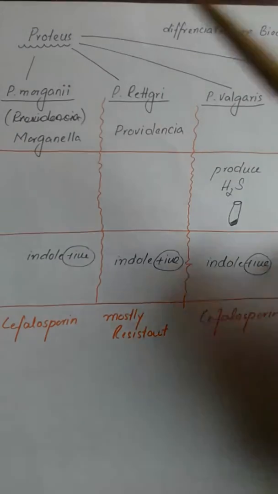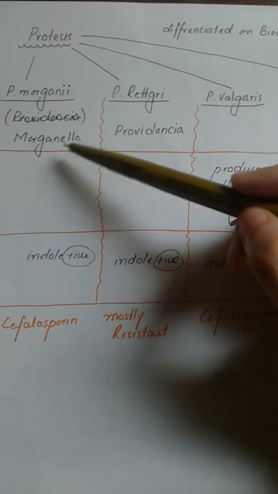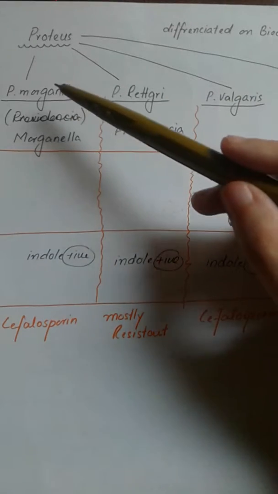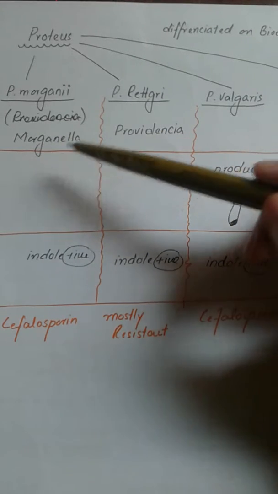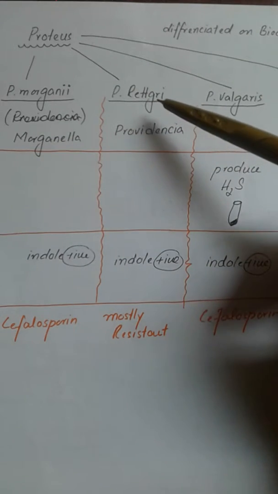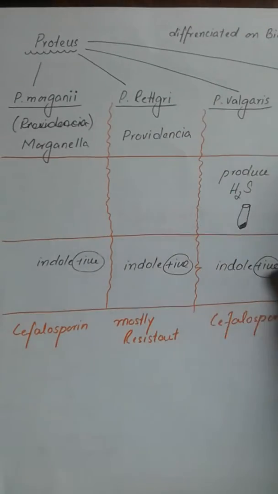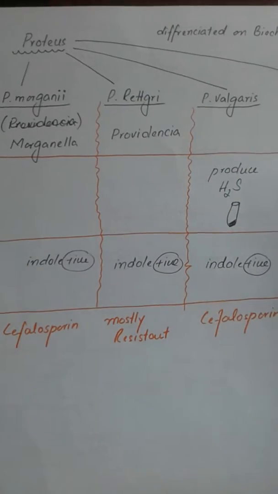Now, as I've mentioned, Proteus previously contained the genera Morganella and Providencia. Their initial names were P. morganii before it turned into Morganella, and P. rettgeri before it turned into Providencia. By using biochemical tests, we can differentiate them into further genus groups.